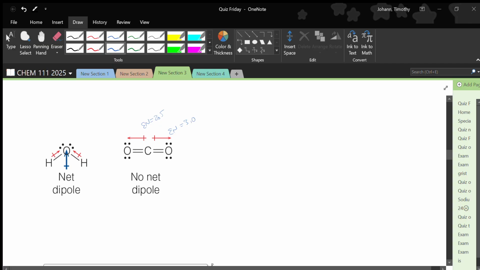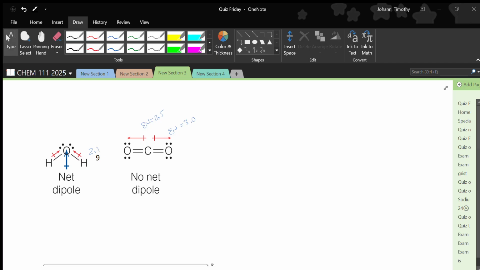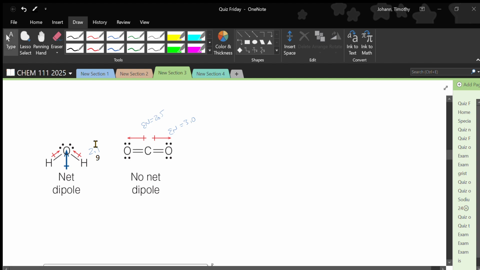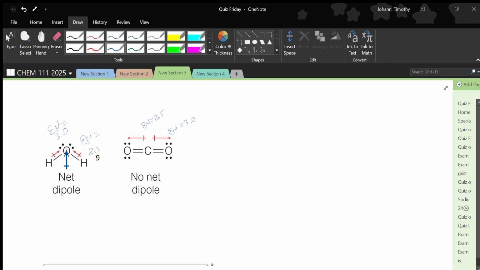Here the electronegativities are 2.1 and 3.0, so the difference here is 0.9.